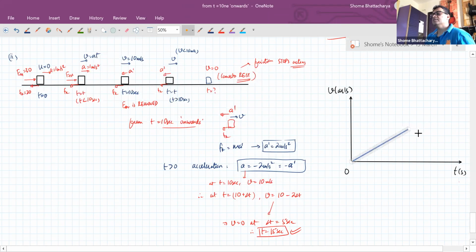And then for the next 5 seconds, 2 meters per second square पे decelerate करता है. So that is why it takes lesser time to come to rest, because the magnitude of the deceleration is more, now it's minus 2 meters per second square, whereas the magnitude of the acceleration here was this much. So in 10 seconds, it reached a velocity of 10 meters per second, and then it came to rest by the time it is 15 seconds.